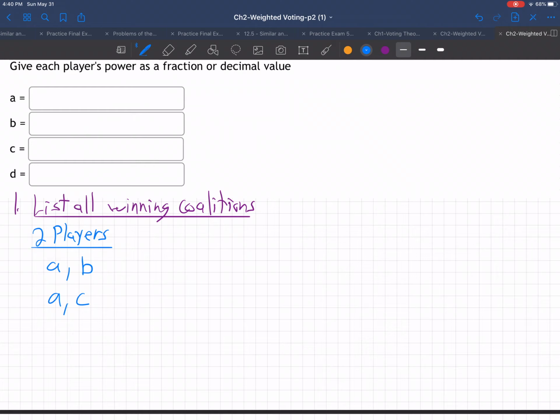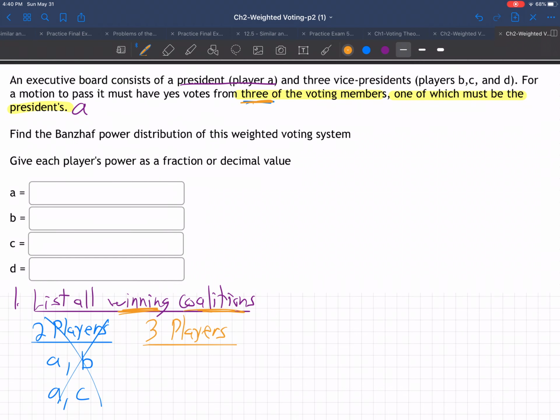So forget about it, right? Let me back up. I'm not even going to do 2 players. Nobody could be a winner on a 2-player team. It takes 3. All those teams would be losing teams. We want to list all the winning teams, right? The winning coalitions. So 2-player teams are not winners. It takes 3 to win.